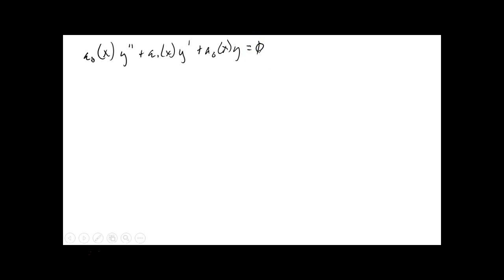There's our generic second order linear differential equation. By saying linear, that means these a's are only functions of x alone. They could be constants, but functions of x, no y's in them. And it's a homogeneous form, equals 0, general case.